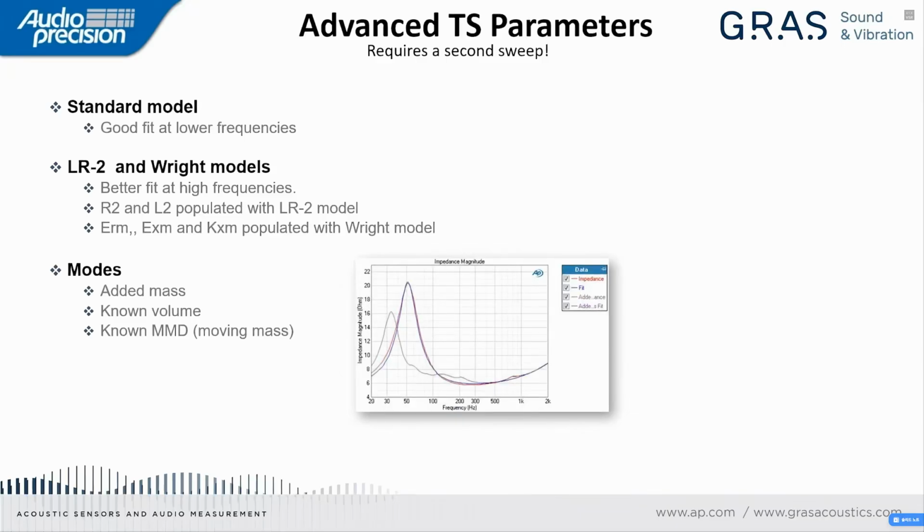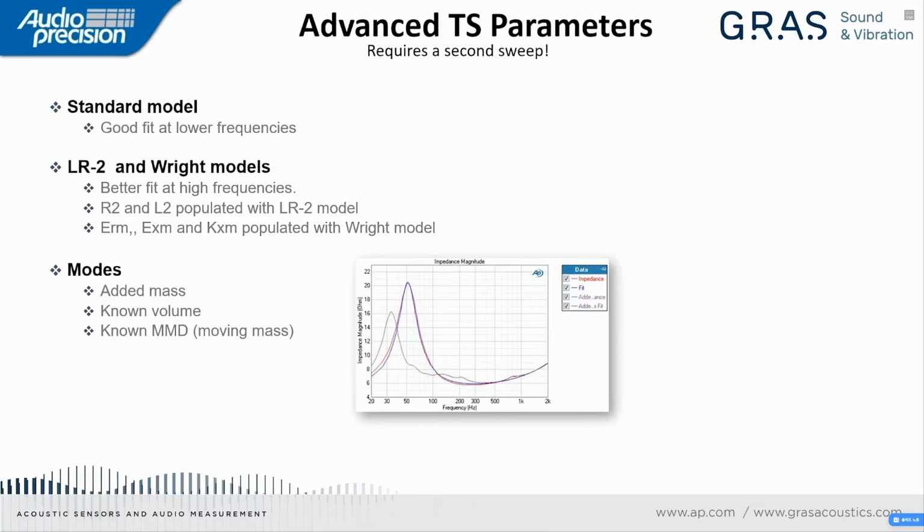And there you see a representation of the original impedance and fit, and then with the added mass, and then the fit for the added mass sweep. Another method is to use a known volume.